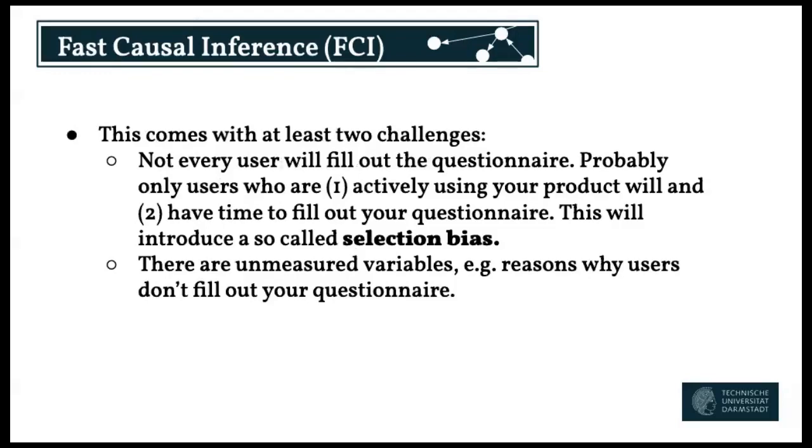So there's an algorithm that weakens this and to some extent allows for selection biases and hidden confounders. This one is called fast causal inference, and it also speeds up PC a little bit, but that's just a side note. So here again are the two reasons why the assumptions of PC will probably fail.